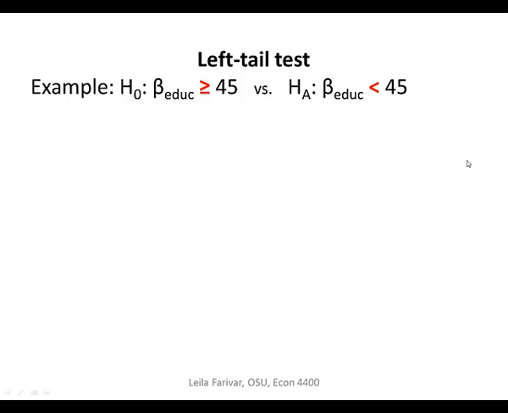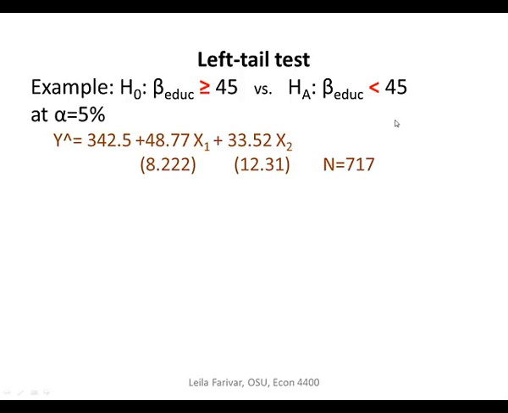Now let's look at the left tail test. I changed the hypothesis so that it represents a left tail test. You can see that H null is now beta smaller than 45. I keep the rest of the information the same. The t-ratio would be the same because we have the same value for beta hat, the same hypothesized value of beta, and the same standard error, so 0.202.